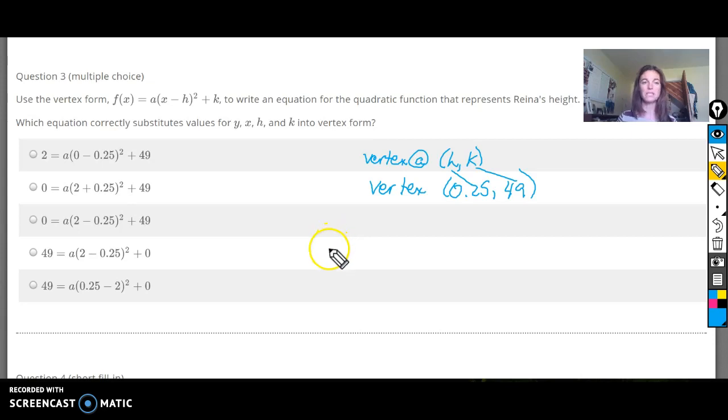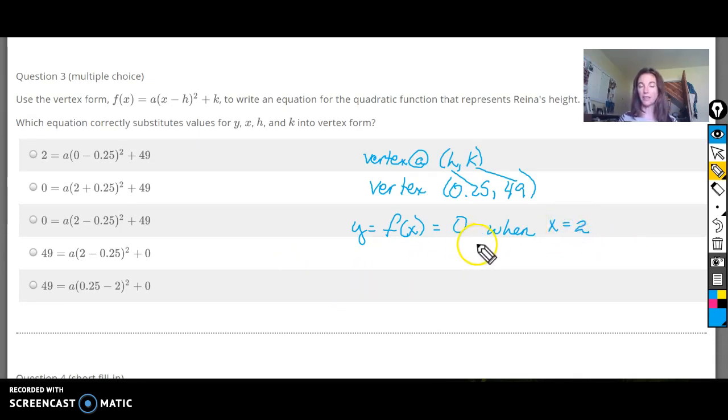The other thing that we know is one of our x values and one of our y values. So y, remember, is another way to say function of x, and that is 0 when x, or our time, is 2.